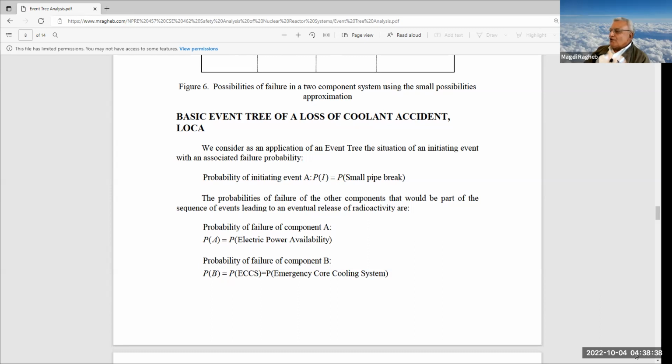If you do not cool your plant, even after you shut down the fission chain reaction, you still have those fission products generating radioactivity, beta particles, electrons, and gamma rays for at least 24 to 48 hours. And if you do not cool them, if you have a loss of coolant accident, designated as LOCA, the acronym for it, you melt your core.